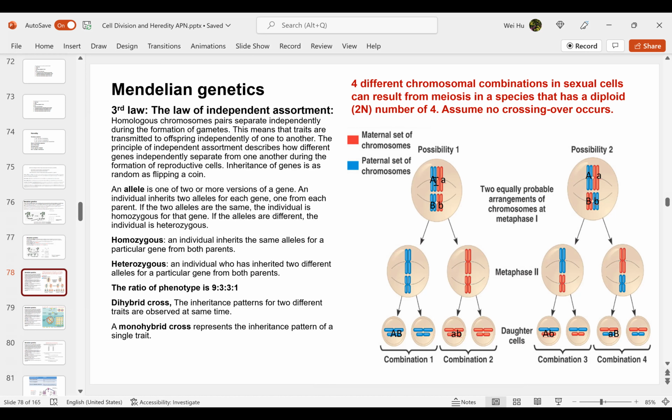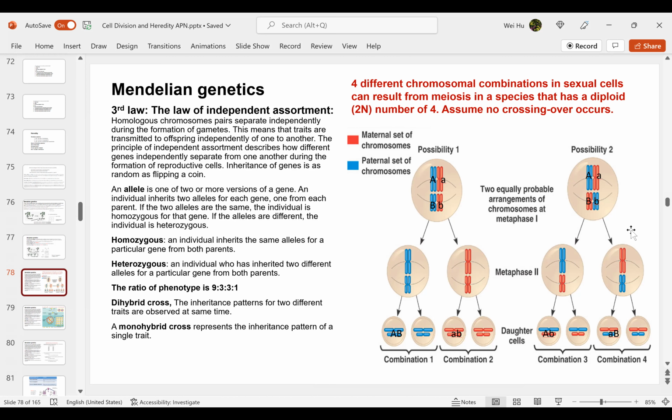So you have gene A and gene B, and you have 2 versions for each of them. If you inherited both from your father, then you get big A and big B. If you inherited both from your mother, then you get small a, small b, and so on. So that's 4 combinations, all right?